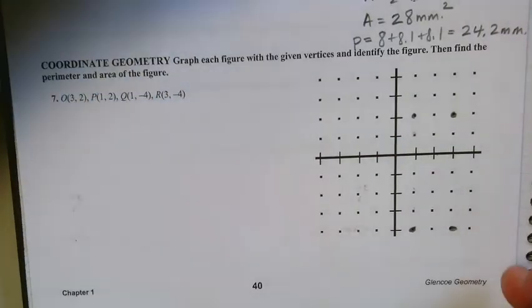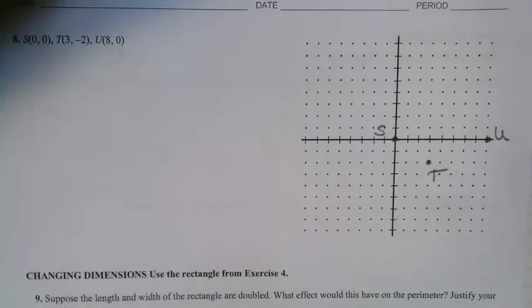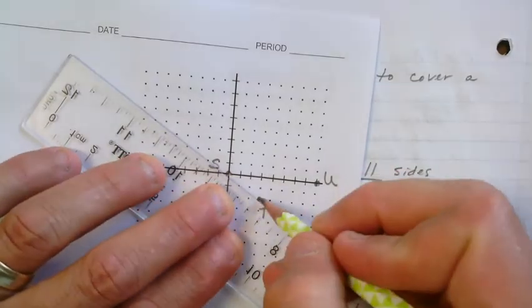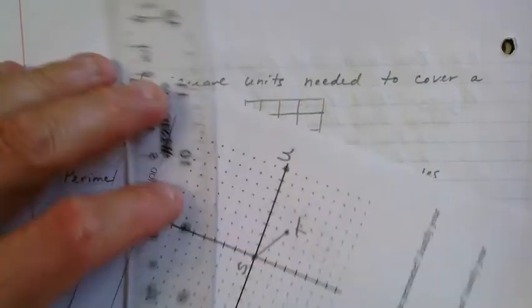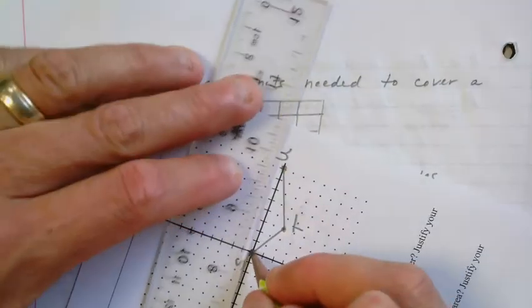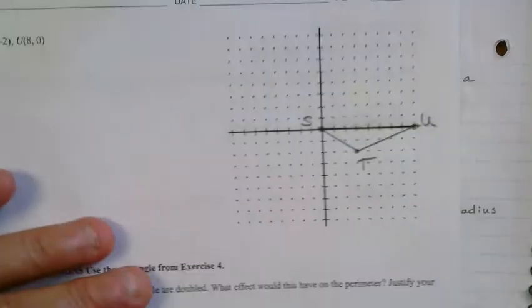So I've definitely got a harder problem back here on number 8 than on number 7. Let's go ahead and look at this real quick. What we're doing here is finding the area and perimeter of the shape that we've just graphed. So first of all, I am going to find the area because it's going to be a lot easier than the perimeter.